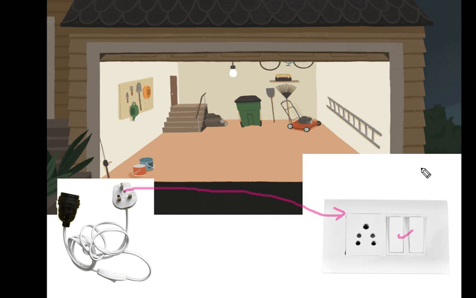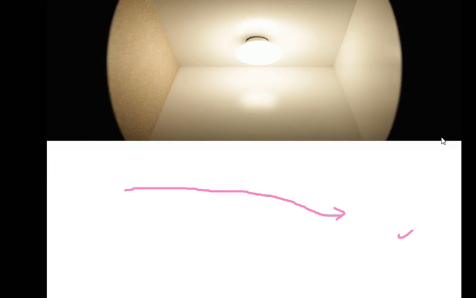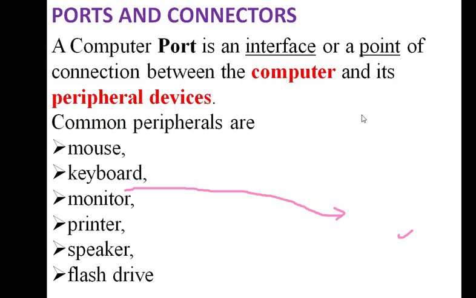Similarly, in a computer you will get different kinds of ports, for example for mouse, keyboard, monitor, printer, speaker and flash drive. A computer port is an interface.